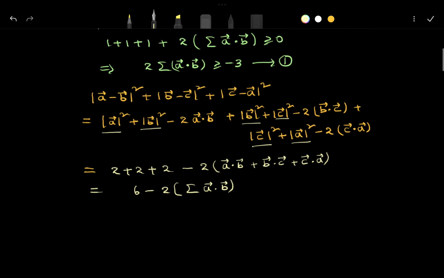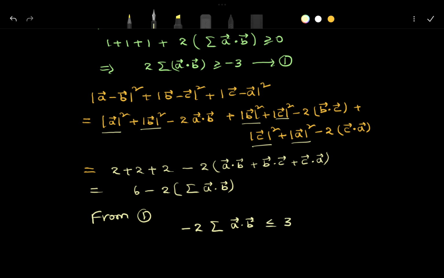Now from 1, what do you say about that value? Multiply with minus on both sides. Minus 2 into sigma a bar dot b bar is less than or equal to 3.